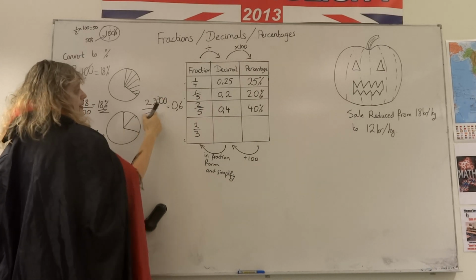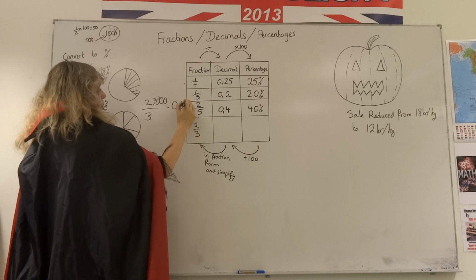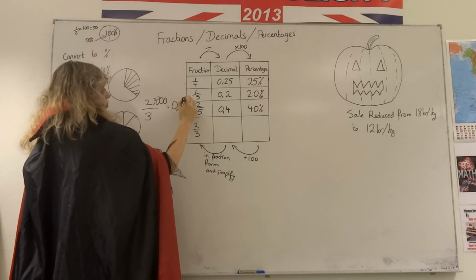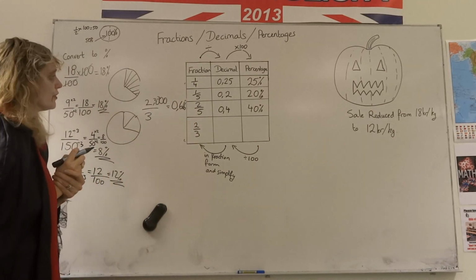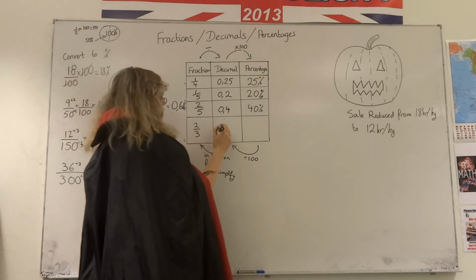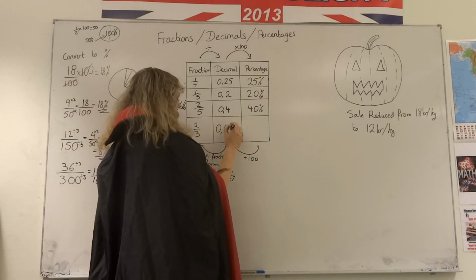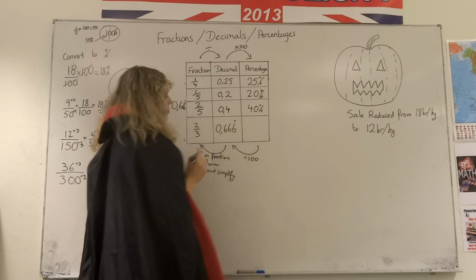So now we're going to get the same thing over and over again. So we're going to get 0.666 recurring. It's going to go on and on forever. So 2/3 is equivalent to the decimal 0.666 recurring.